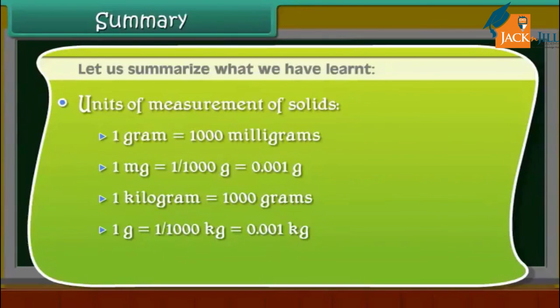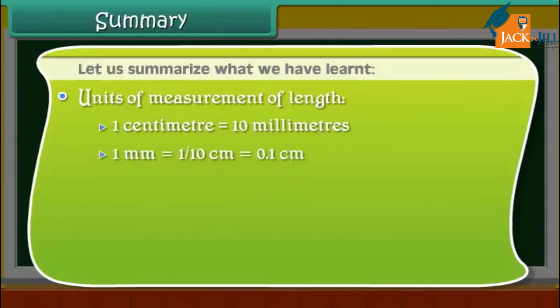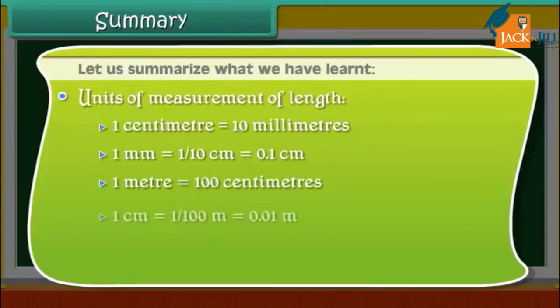Units of measurement of length. 1 centimeter is equal to 10 millimeters. 1 millimeter is equal to 1 by 10 centimeter. That is equal to 0.1 centimeter. 1 meter is equal to 100 centimeters. 1 centimeter is equal to 1 by 100 meter.